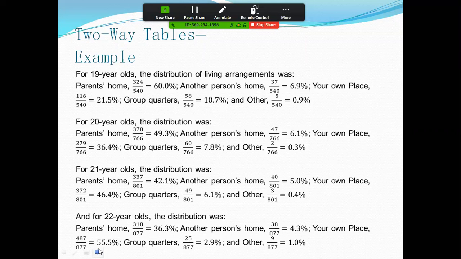So for parents' home, in the 20-year-olds, 378 of the 766 20-year-olds lived at their parents' home for 49.3%. So each calculation, each proportion, has been calculated.